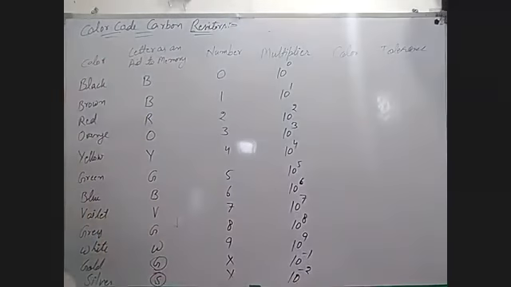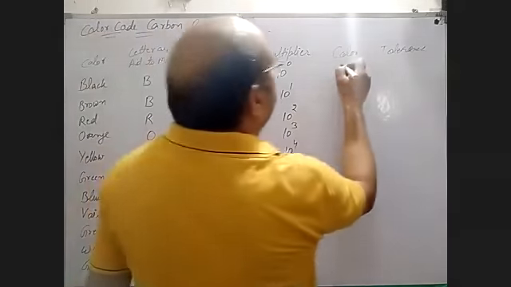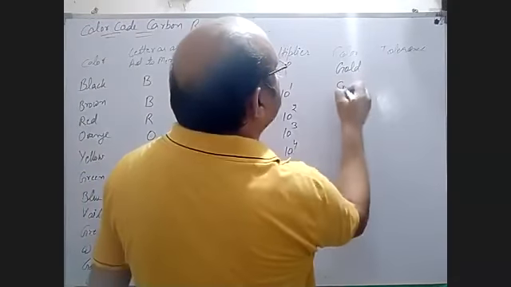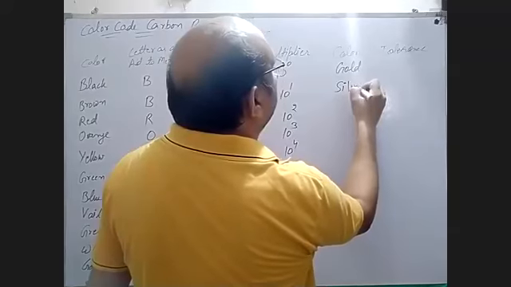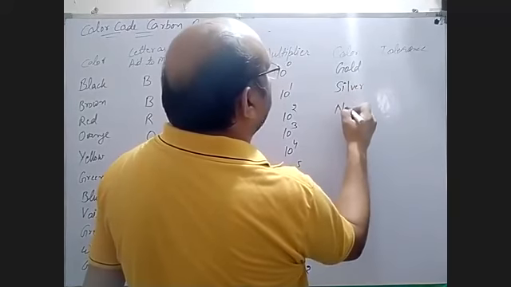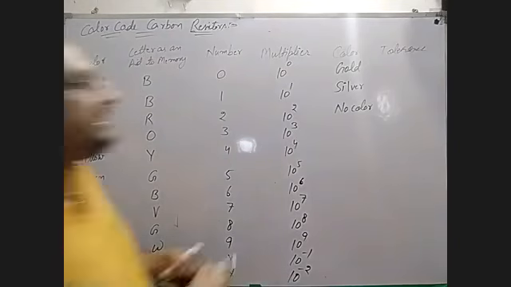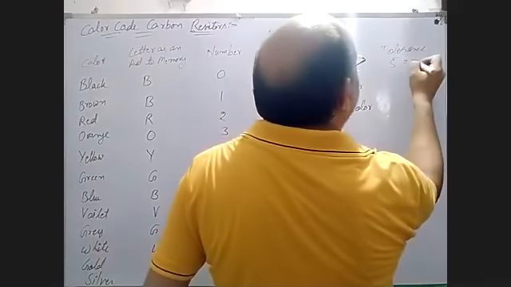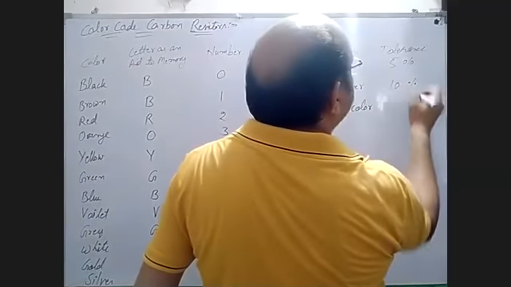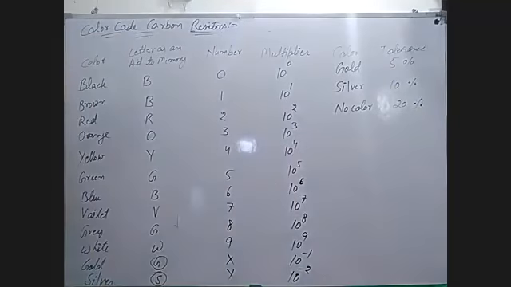The last thing is the tolerance: for gold, the tolerance is 5%, and for silver, 10%.